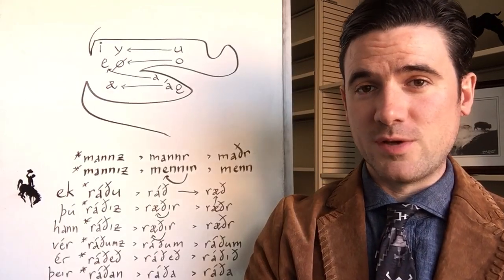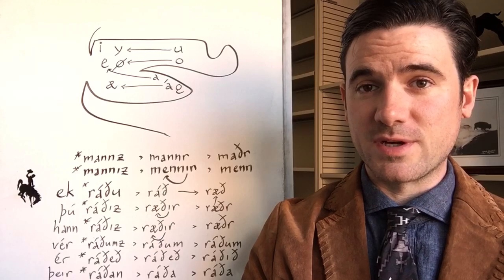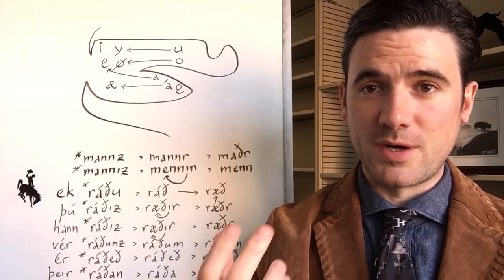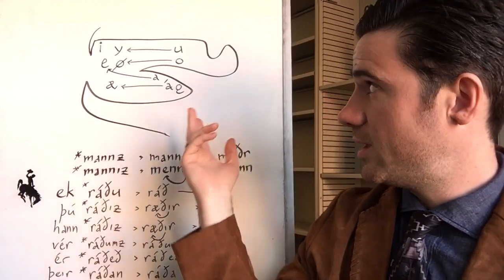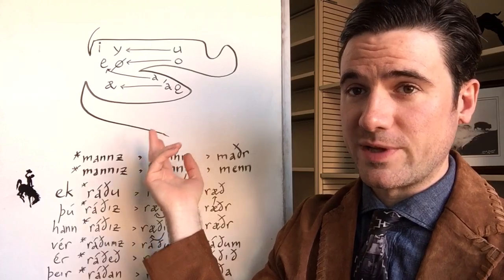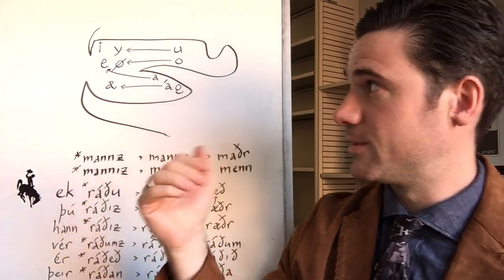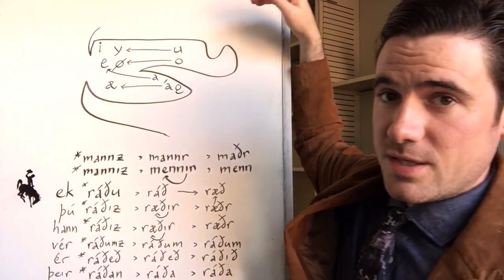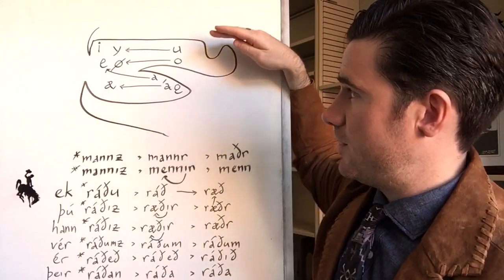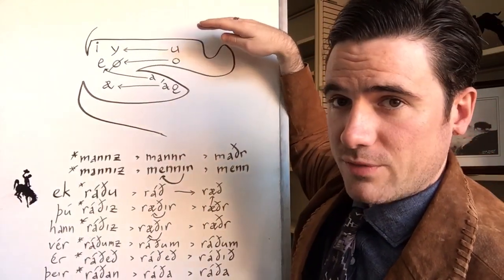All right, to talk about I-umlaut or I-mutation, we first have to talk about where vowels are made in your mouth. So I've drawn a mouth, which I realize looks more like a bird's beak, but birds are the only thing I know how to draw. And in the back of the mouth, I have put the back vowels of Old Norse.